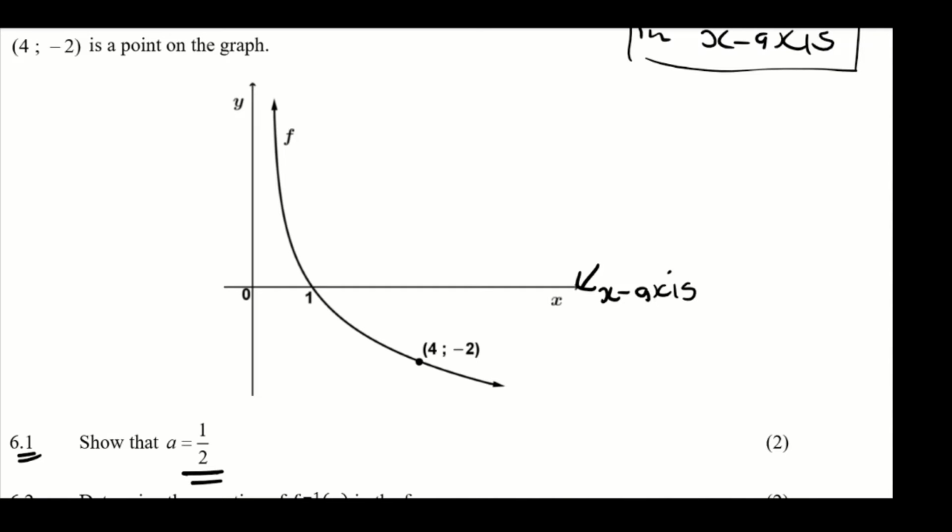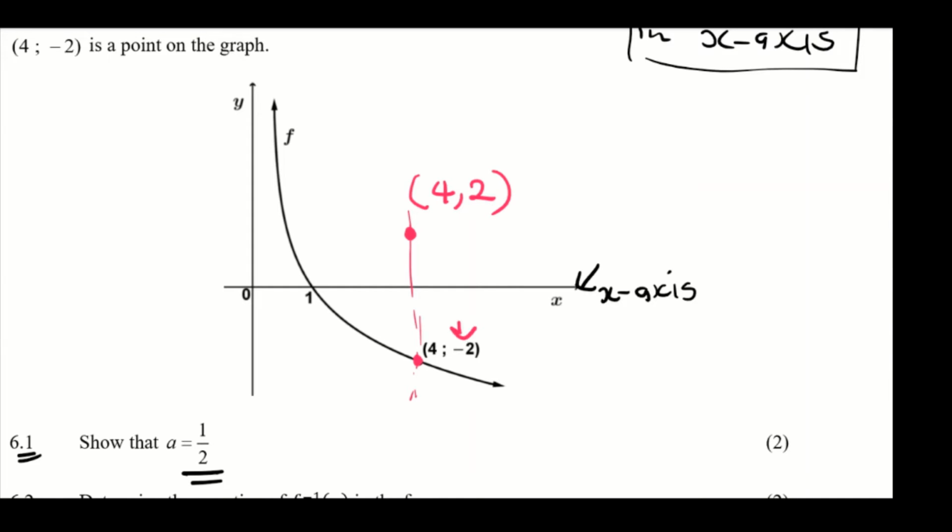So for us to find it, we know very well that if it reflects about the x-axis, it means now where here the coordinate is (4, -2), right? So if it reflects about this x-axis here, you will find that the coordinates, the 4 remains the same, but the y changes.